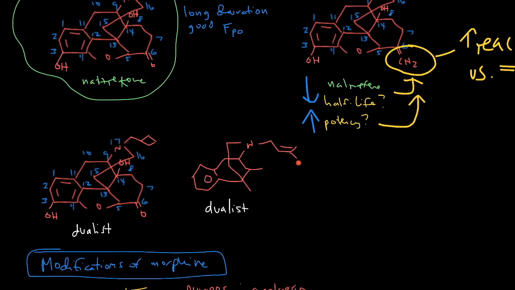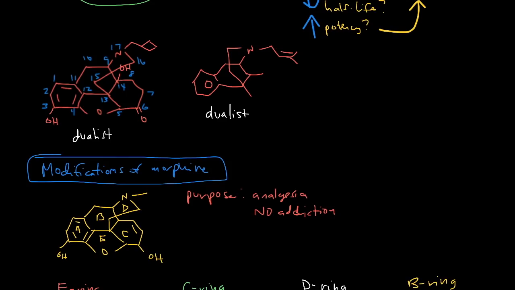So these are dualists. Even though this molecule might look different than your traditional morphine or codeine structure, because it doesn't have your oxygen ring like over here, it still has 1, 2, 3, 4, 5 carbons attached to the nitrogen at the top. Therefore, it's a dualist.